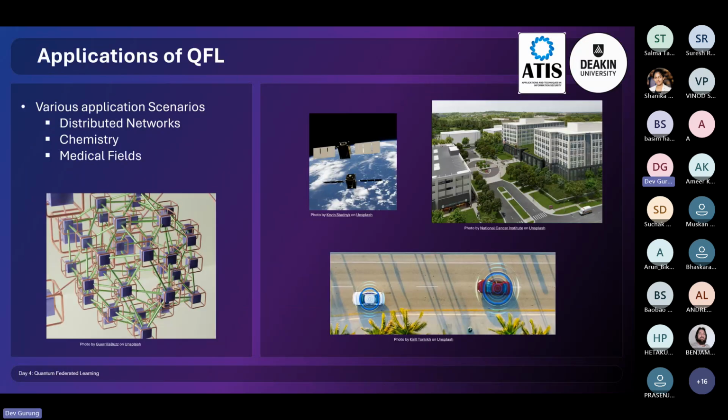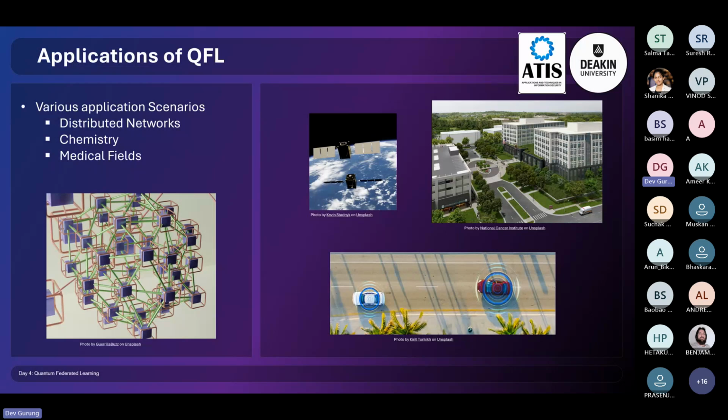So, what are the applications? I've just listed them here. Any distributed network, basically, that is trying to do some kind of quantum machine learning can be applicable, right? Satellite, autonomous vehicle, or the medical field. Even quantum machine learning has been found to be very promising in chemistry. There are a lot of papers on that.